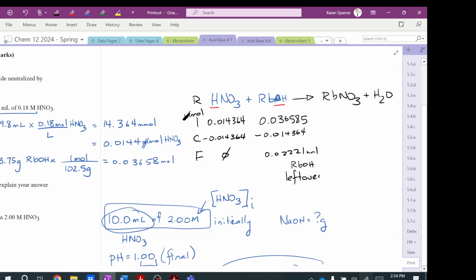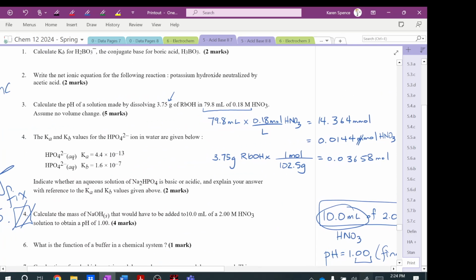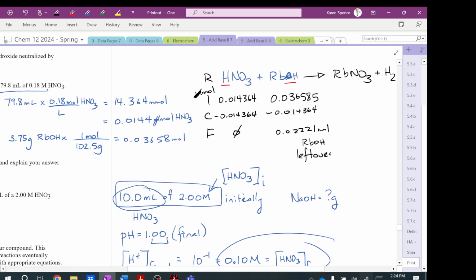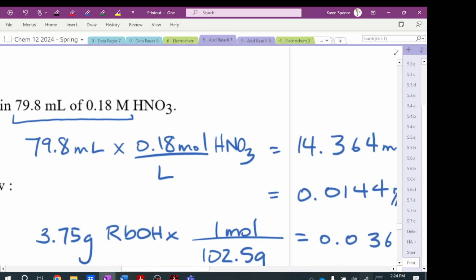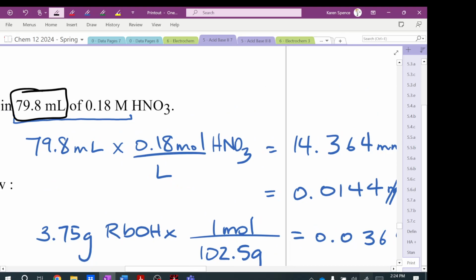And we wanted the pH of the solution. So what is our volume? 79.8 milliliters.